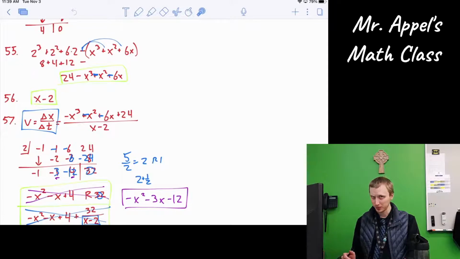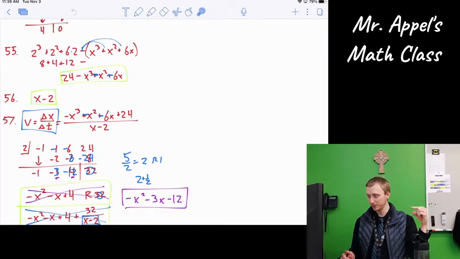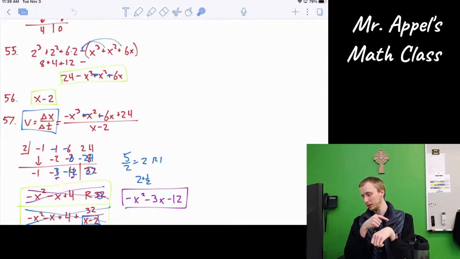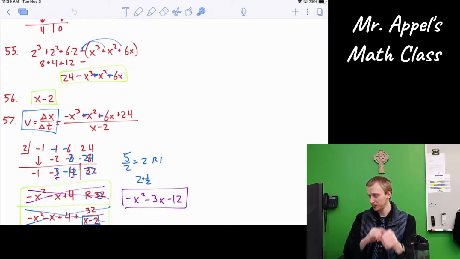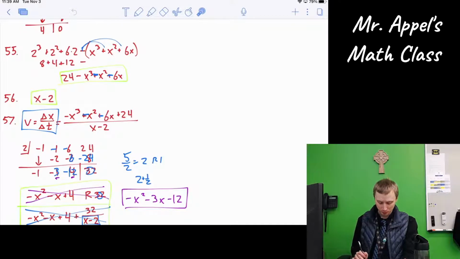So that's just a matter of whether the object is moving forwards or backwards here, which you don't exactly know which they're asking for. Usually the x is higher.